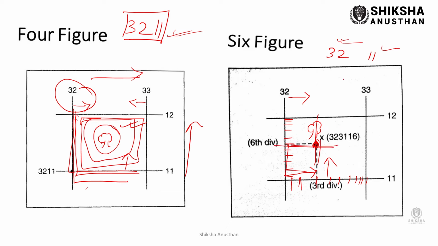So we get 32 3 and 11 6. I hope it was clear. We'll be discussing this and solving a problem on it at the end. Please bear with me till then.